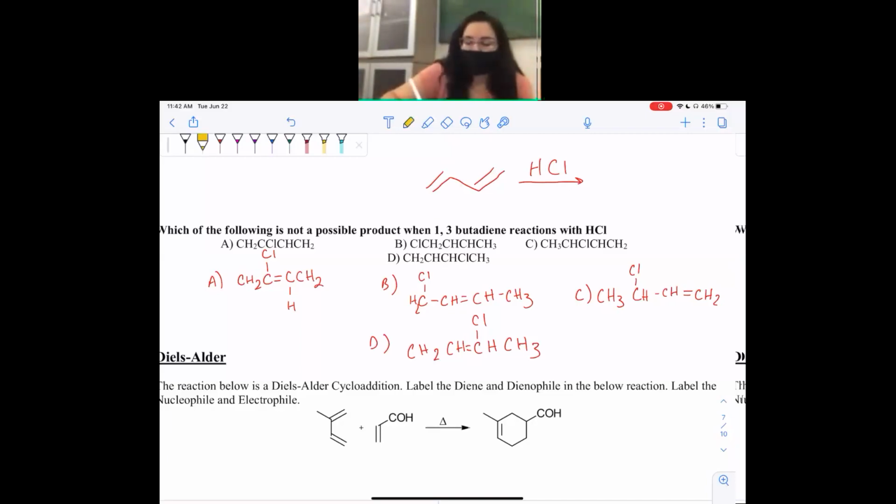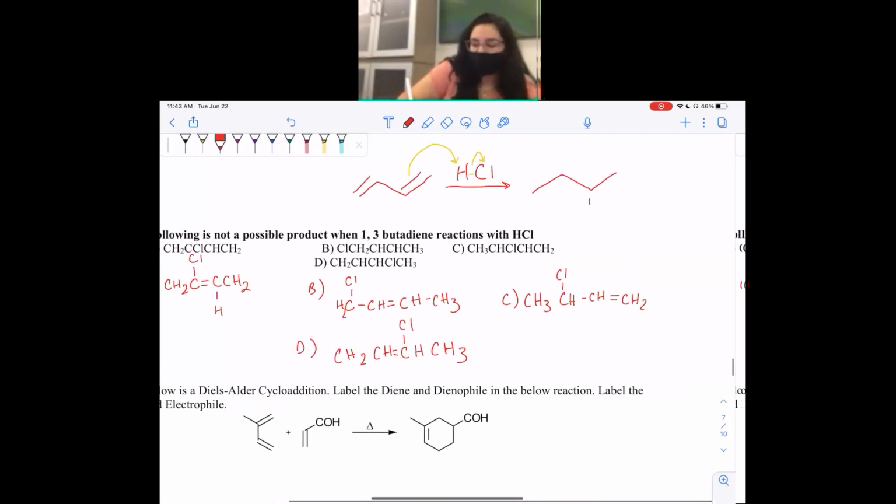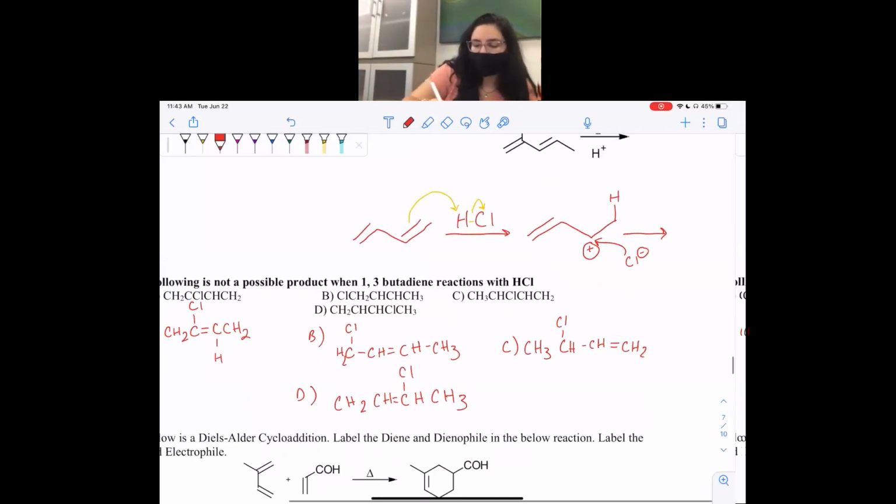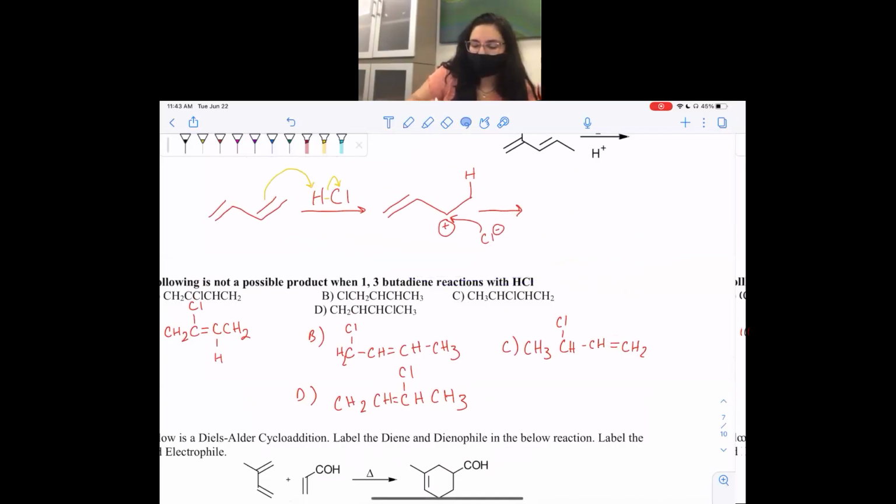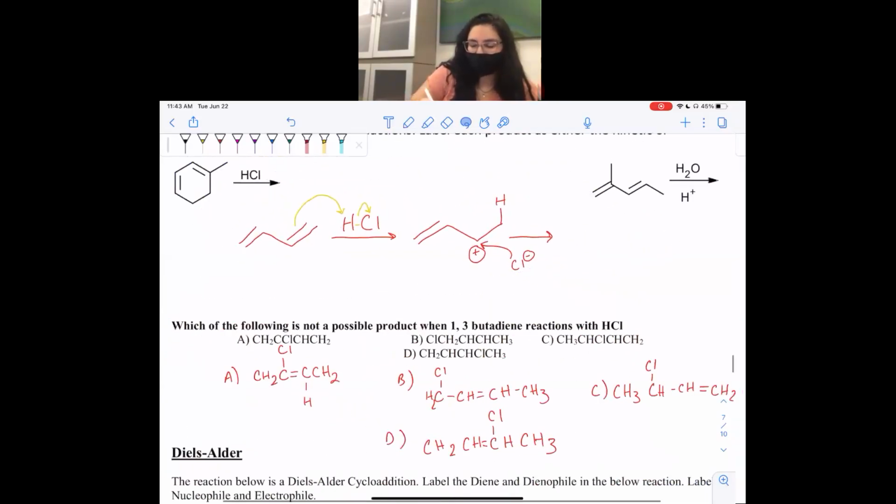So we know if we do a 1,2, 1,4 reaction, we attack, give those electrons back, and we can either directly form the cation and have Cl minus attack. And I'm so sorry, but I'm going to move this over just a tad because surprise, surprise, I didn't give myself enough room.